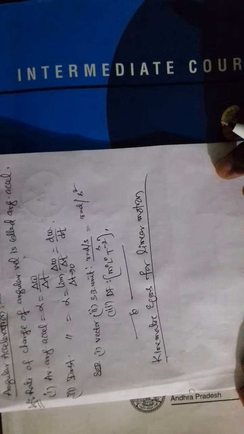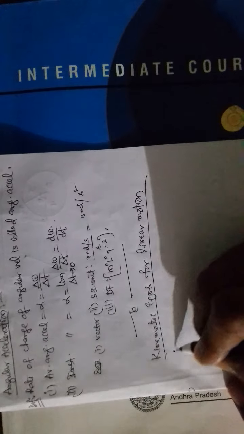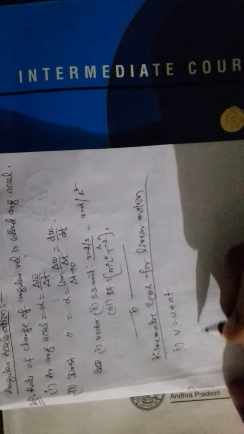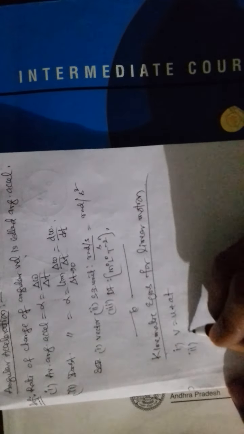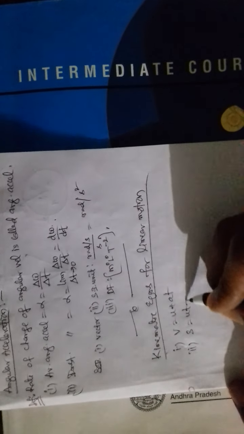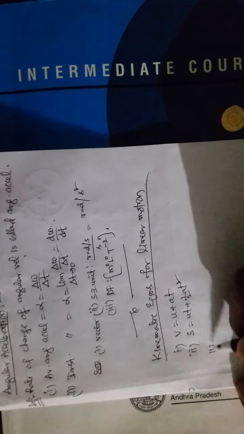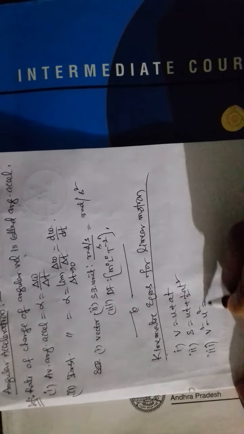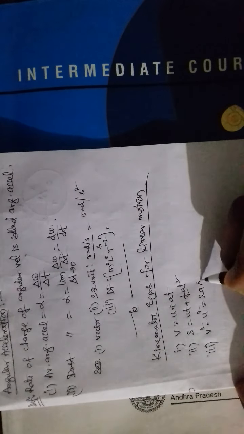See, we had kinematic equations for linear motion. What were they? v is equal to u plus at. Second, s is equal to ut plus half at square. What was the third one? v square minus u square is equal to 2as.